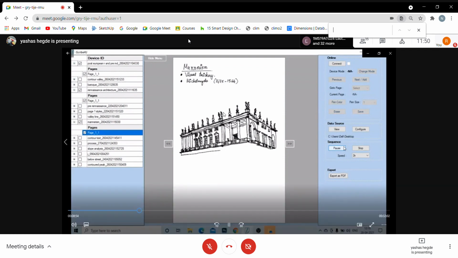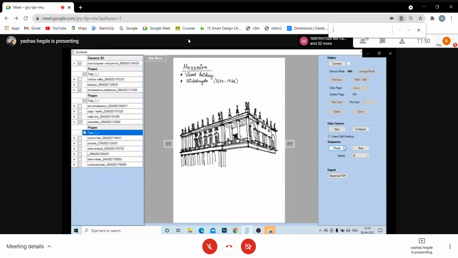So here you can see this is the solid part of the building, and this is the spatial part of the building. So there is some bit of a relationship between the solid and the spatial part. This was very much in respect to what and how the Mannerist movement was.